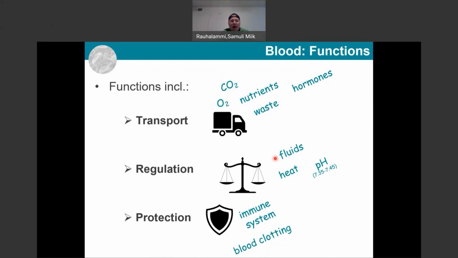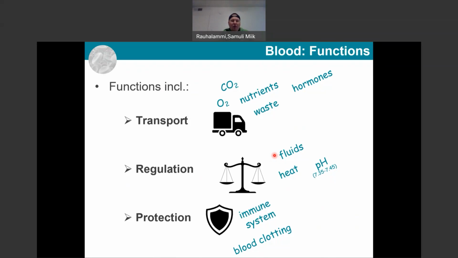And we saw that there might be needs when we need to adjust the amounts of the fluids at different parts of the body. That's where the blood becomes especially important.